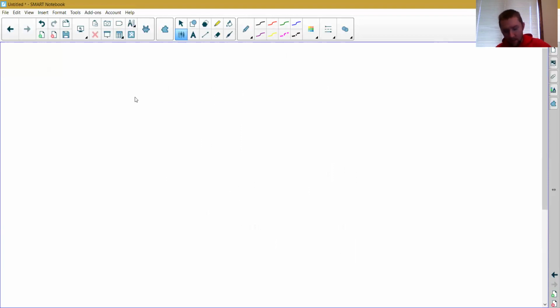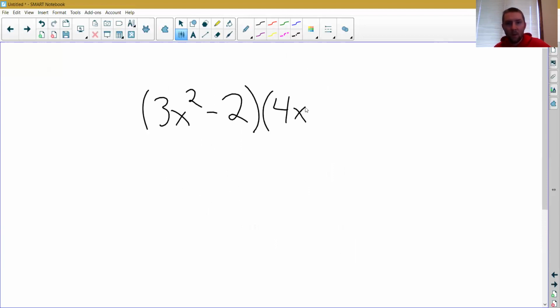We can look at an example that says maybe 3x squared minus 2 times 4x plus 3. Okay, so now when we multiply, we just have a little bit more complicated stuff to be dealing with here.